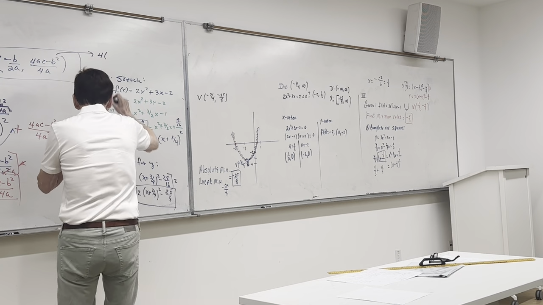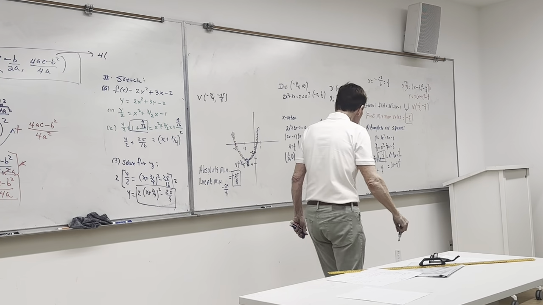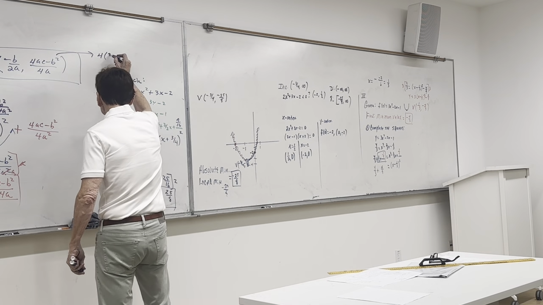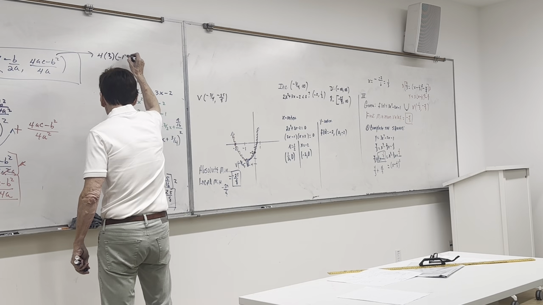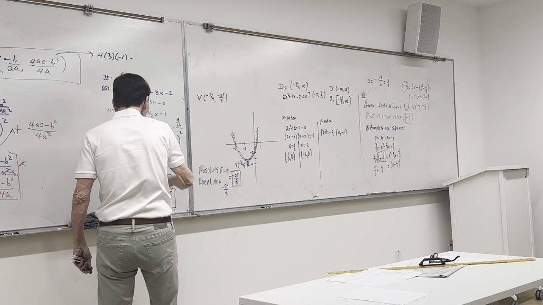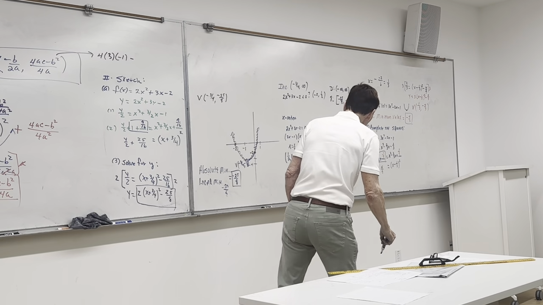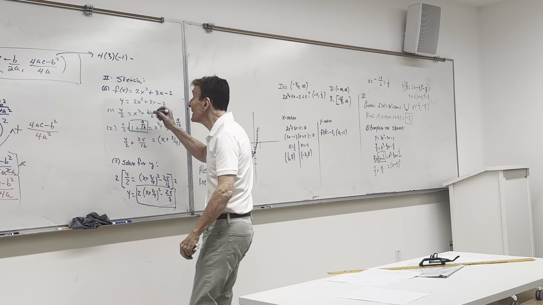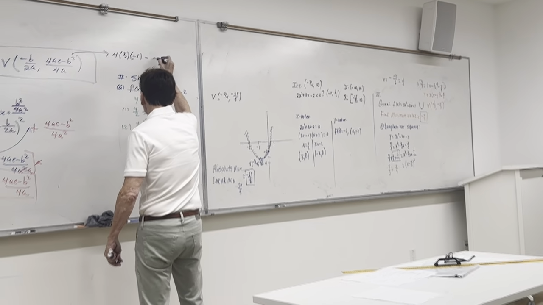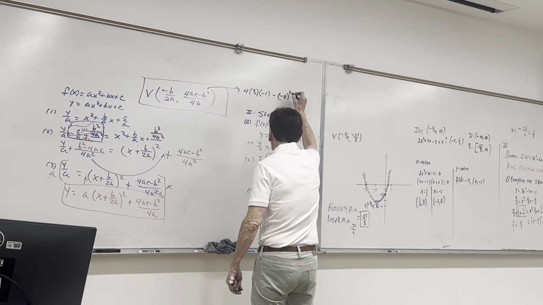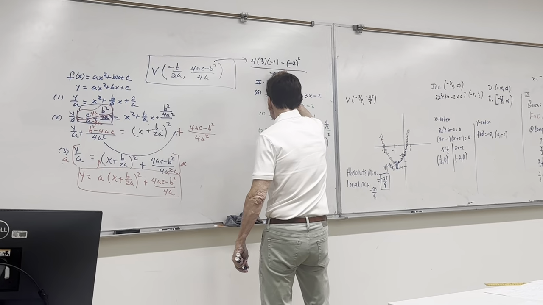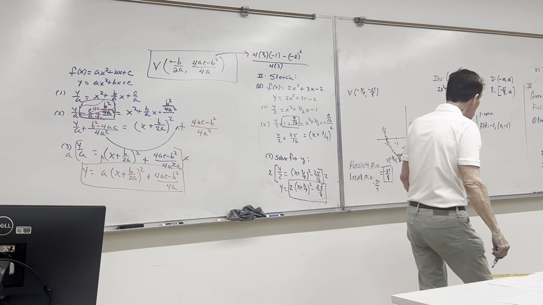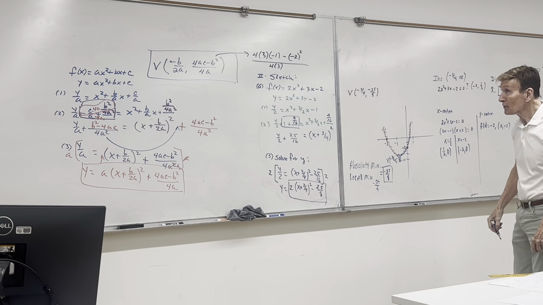4 times a, which back here was 3, times c, which was negative 1. Negative 1. Then subtract b squared, and b was negative 2. That's being squared, all over 4 times a, and a is 3 here. Let me make sure I put everything in correctly.